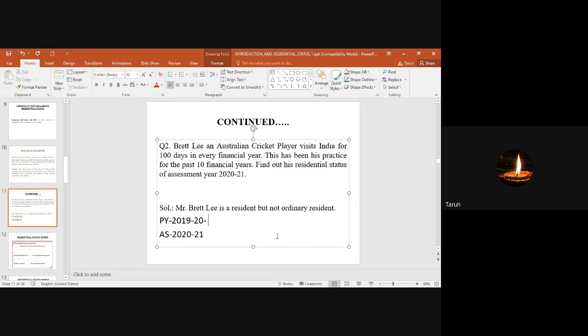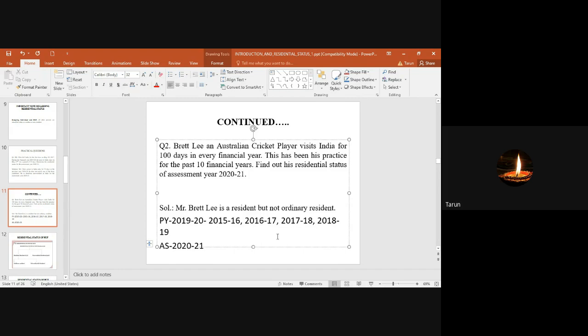Can anyone tell me? 2015 to 16, 2016 to 17, 2017 to 18, and 2018 to 19. These are the 4 financial years preceding the previous year.